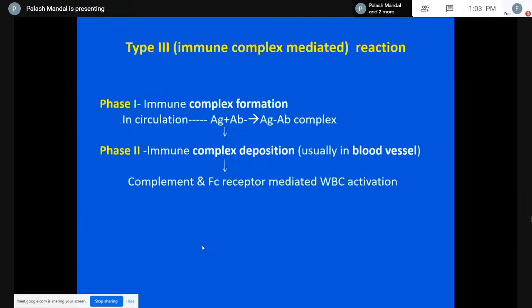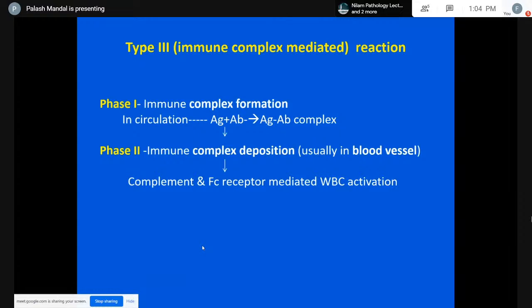So type 3 hypersensitivity reactions. It is also known as immune complex mediated disease. If you remember, type 2 was also an immune related disease, but the antibody there attacked the antigen which was present in the tissues. I hope you remember, because everything is linked.